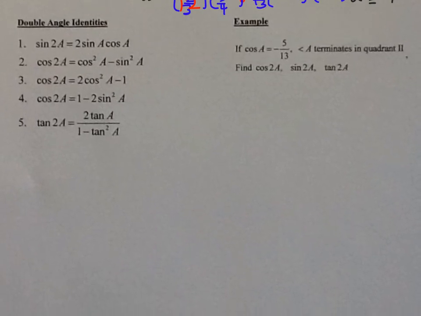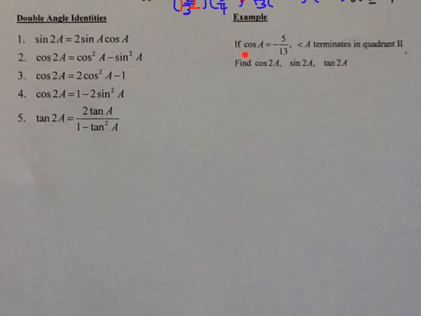It says, if cosine A is negative 5 over 13 and angle A terminates in quadrant 2, find cosine 2A, sine 2A, tan 2A. So since I have cosine and I'm looking for cosine of a double angle, I would want to use this formula here because in this formula you will have to use just cosine, nothing else but cosine. And that's what I have.